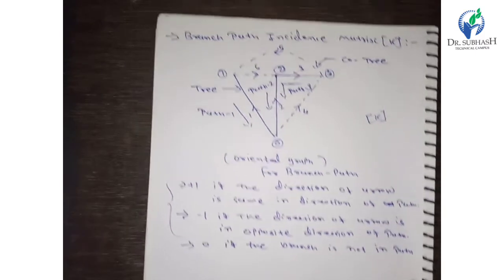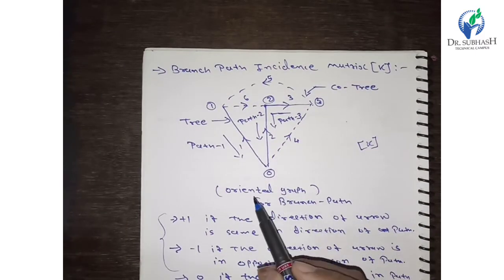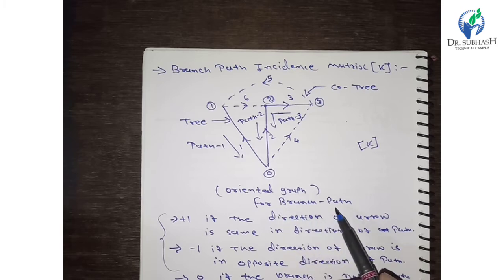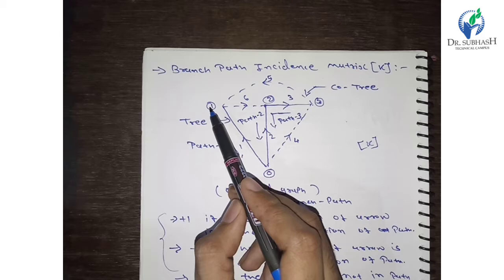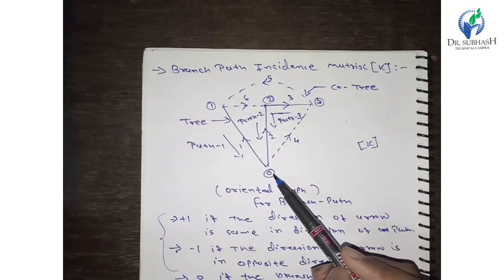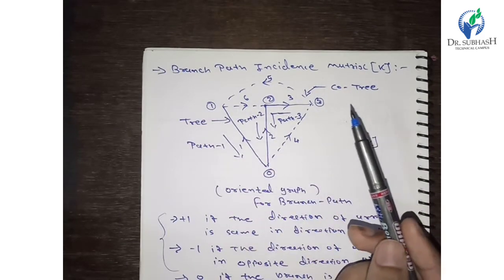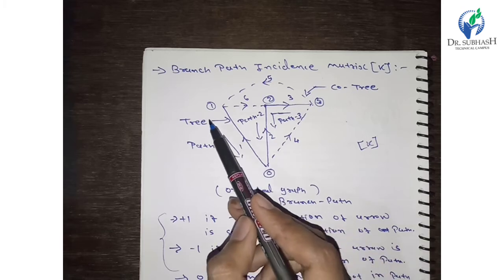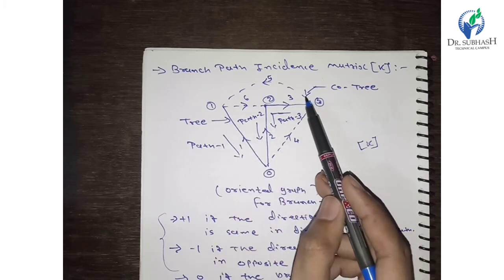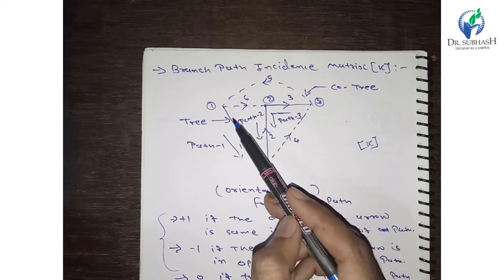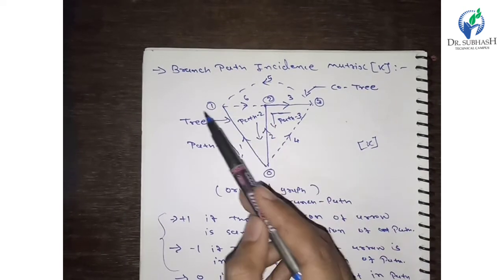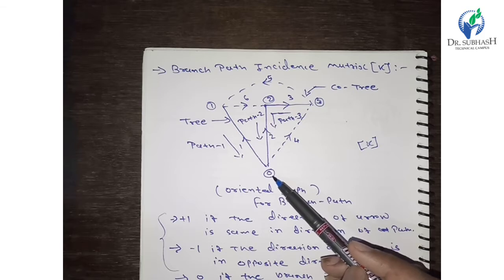When we consider the figure, here it is an oriented graph for a branch path. In this figure, these are node numbers 1, 2 and 3 and the 0 node. It is also the same as the other branches. Here this is a tree path. The dotted line is considered as a co-tree path, and path 1 is indicated as a 1 to 0 node.